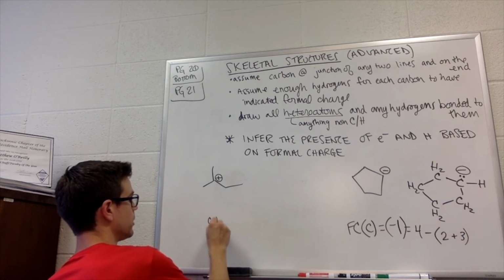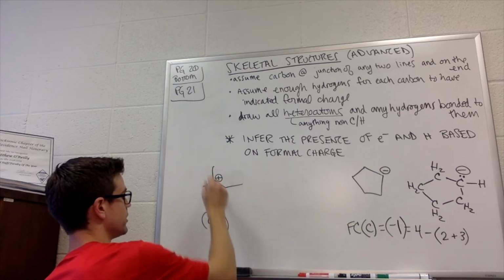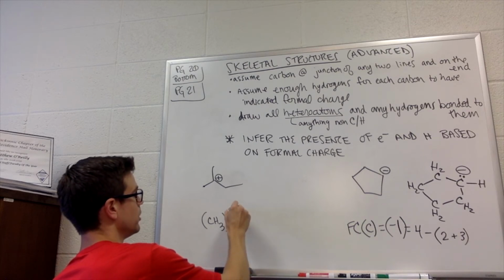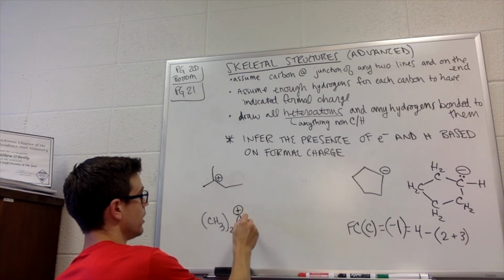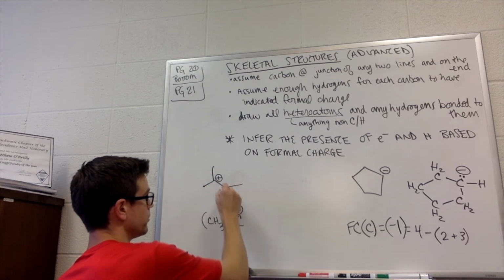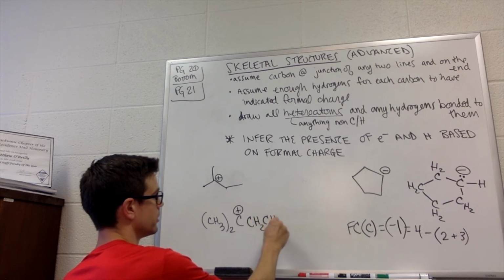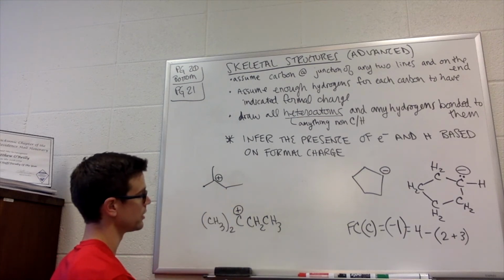So CH3, there are two different CH3s there. Then we'd say C plus for right there. And then this is a CH2 and a CH3. So that would be the condensed structure for that structure right there.